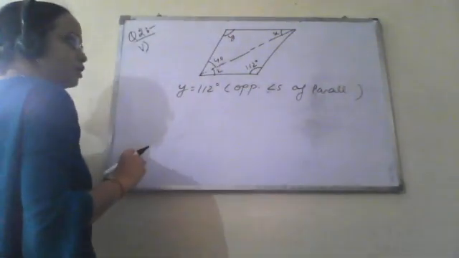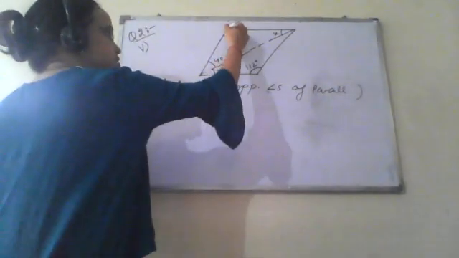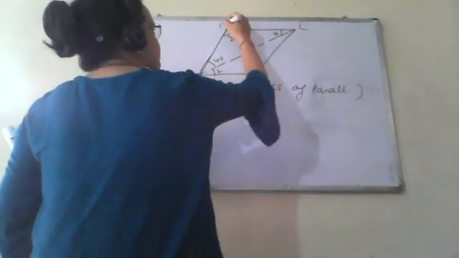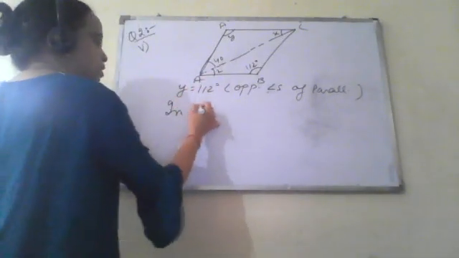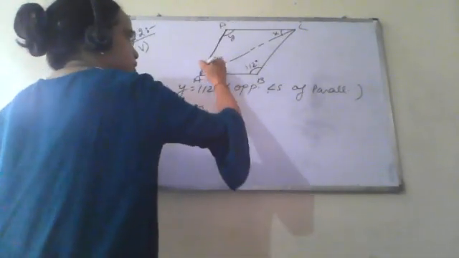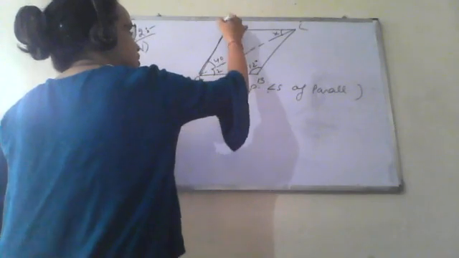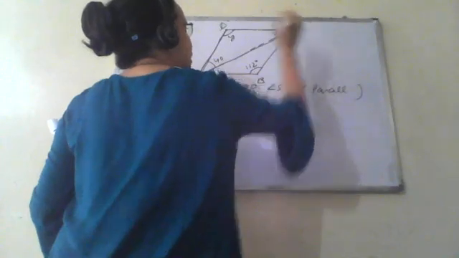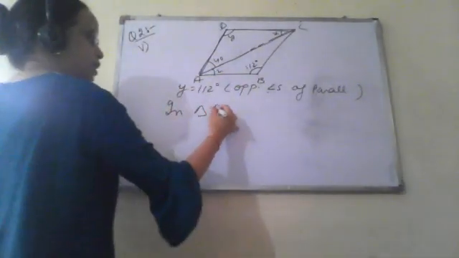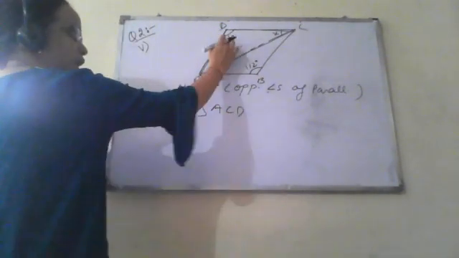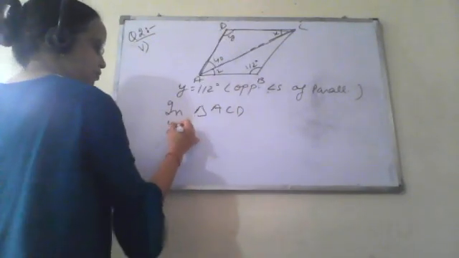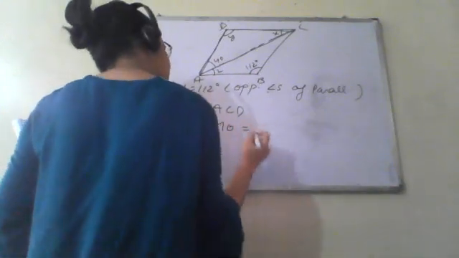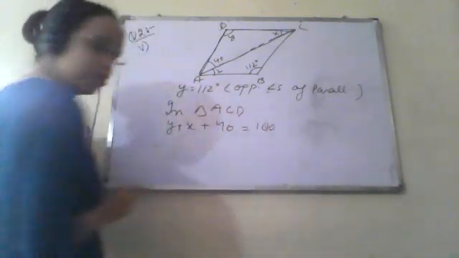Okay. Now in this triangle, name it as A, B, C, D. In triangle ACD, Y plus X plus 40 is equal to 180 degrees, by the angle sum property of a triangle.